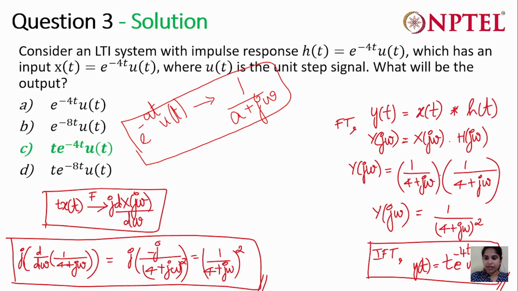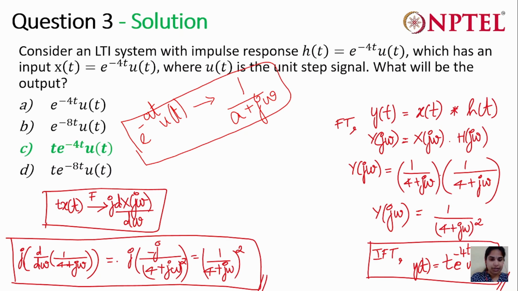Now, how can we also write this? If you have t into x of t, the Fourier transform of t into x of t is j into the differentiation of X of j omega. So if I differentiate 1 by 4 plus j omega, I will get 1 by 4 plus j omega the whole square. So it is j into, if I differentiate this, it's u by v, right? So v into u dash minus u into v dash by v square.